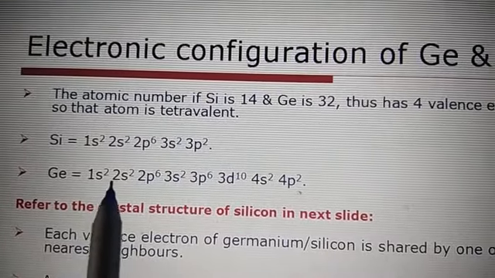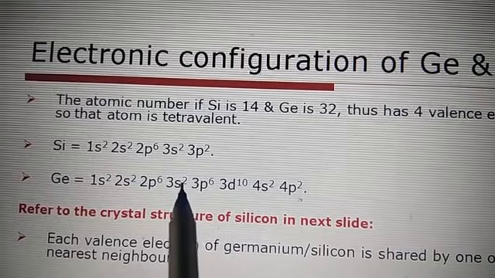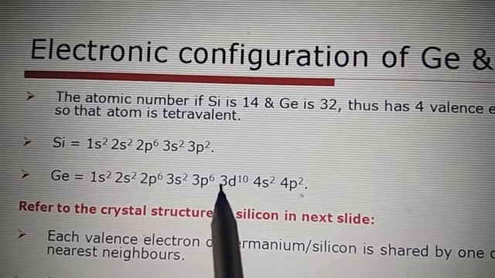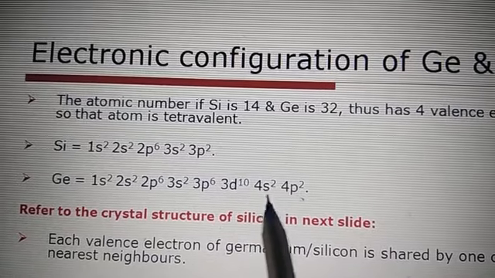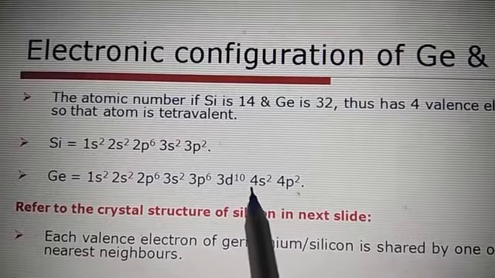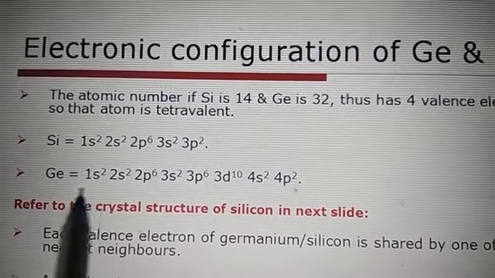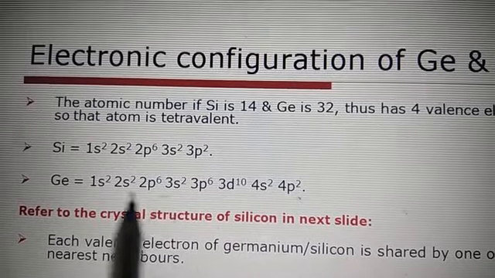Similarly, germanium: 2, 2 plus 2 is 4, 4 plus 6 is 10, 10 plus 2 is 12, 12 plus 6 is 18, 18 plus 10 is 28, 28 plus 2 is 30, 30 plus 2 is 32. So this is the distribution of electrons in the orbits.